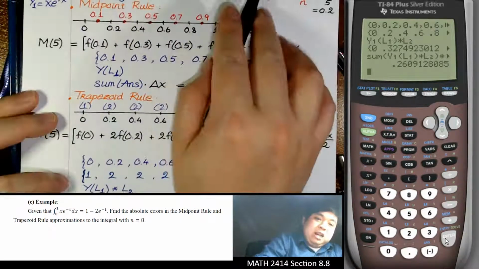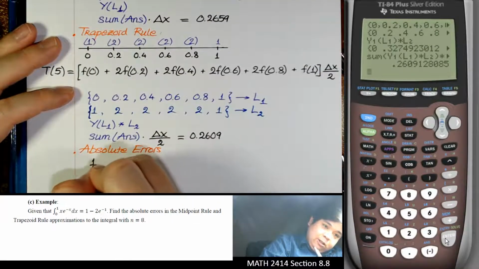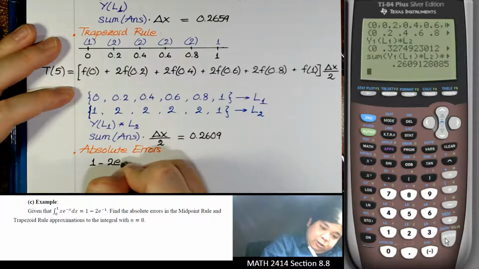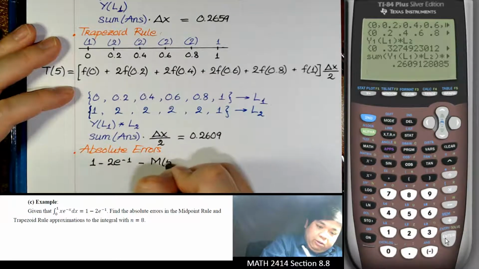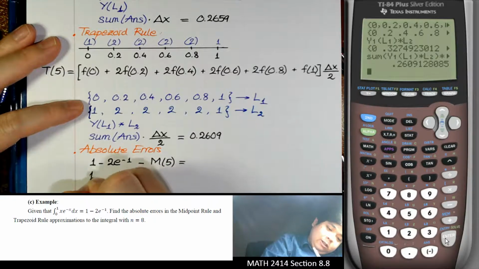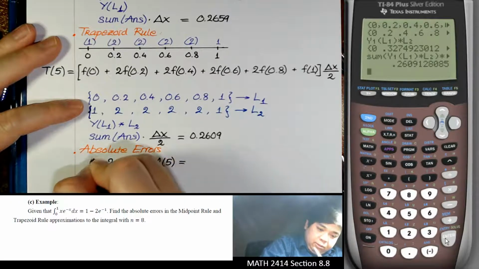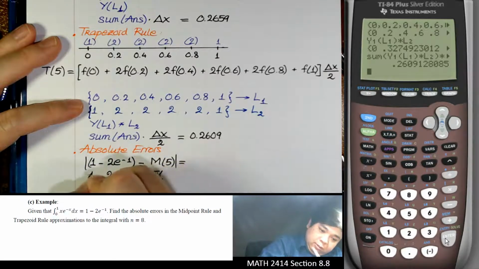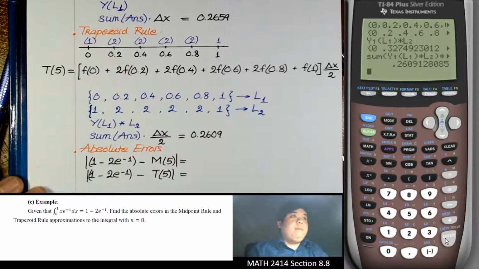So pretty much we take the exact value of this, subtract the midpoint rule using 5 intervals, and then the trapezoid rule using 5 intervals.